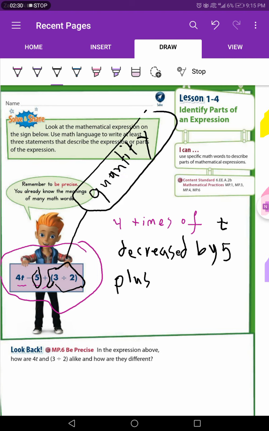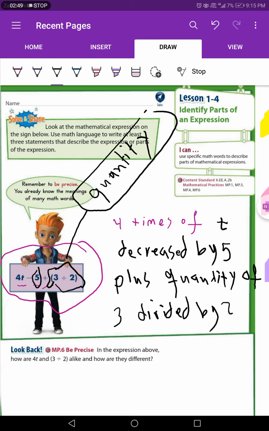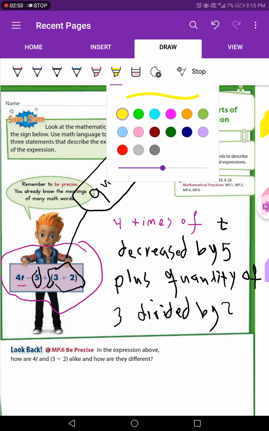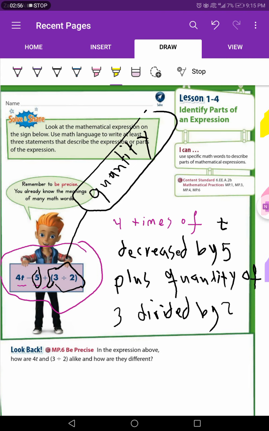If I see quantity of 3 divided by 2, we can change this by other words.